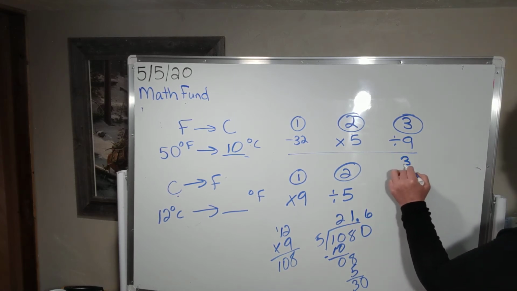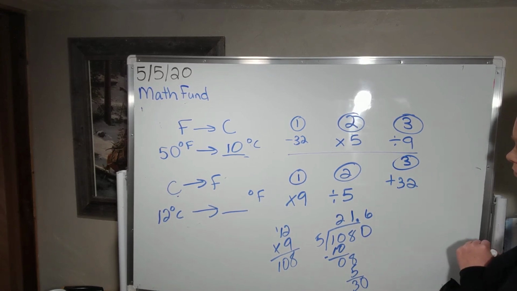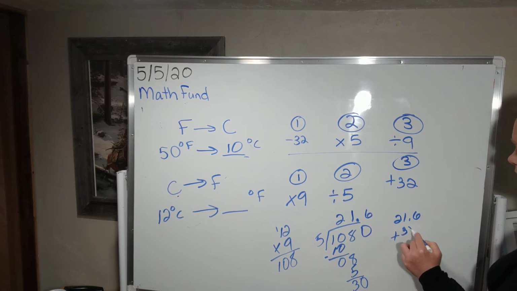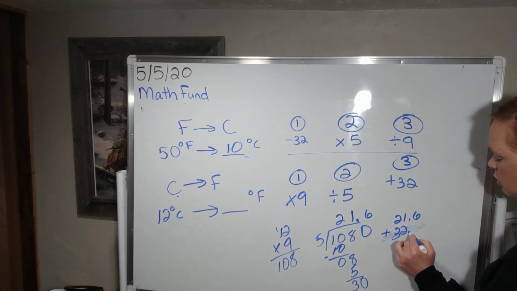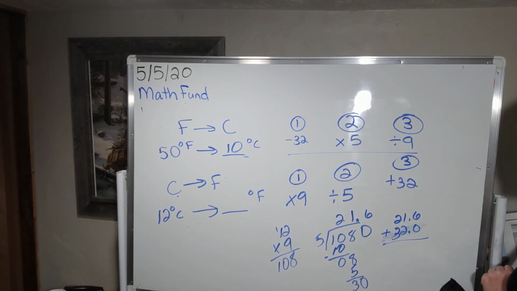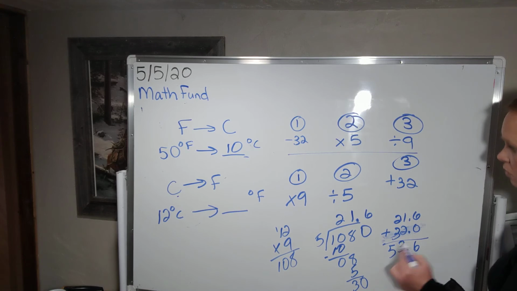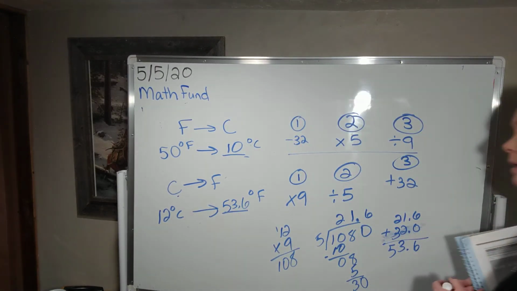And then our third step is to add 32. So 21.6 plus 32. I'm going to put 0.0 so I can have them lined up. So 53.6 degrees Fahrenheit.